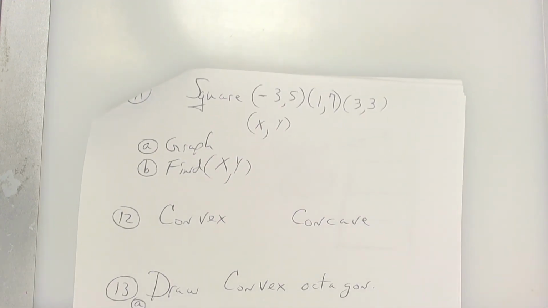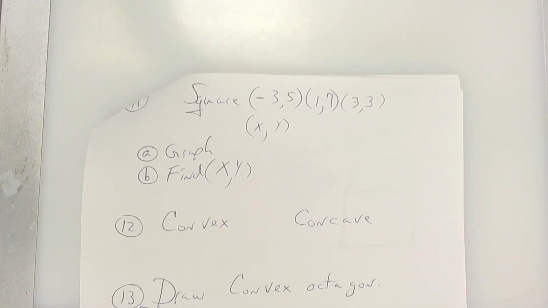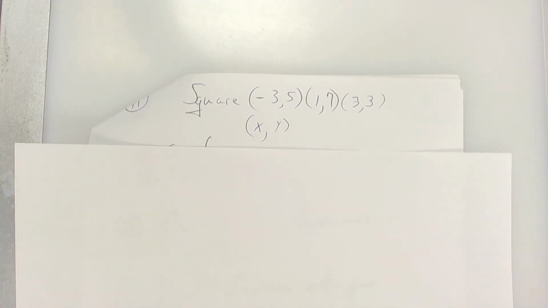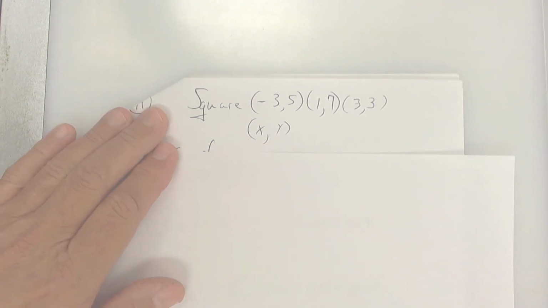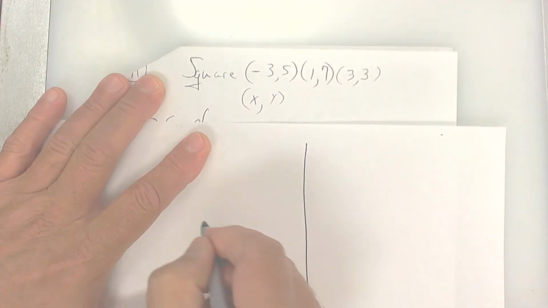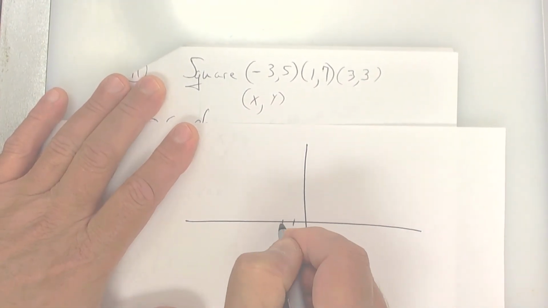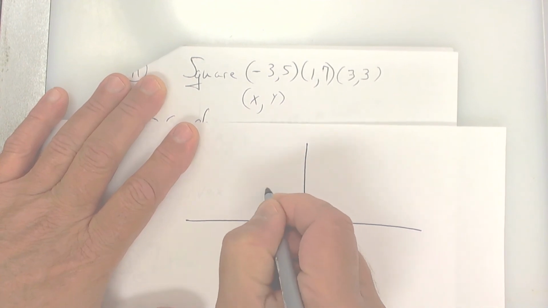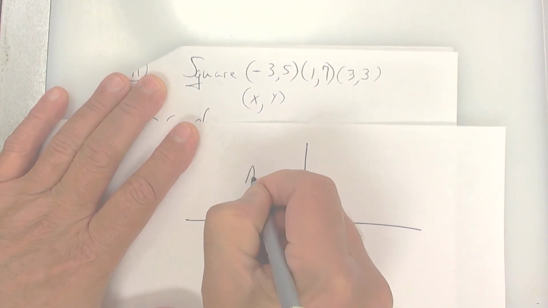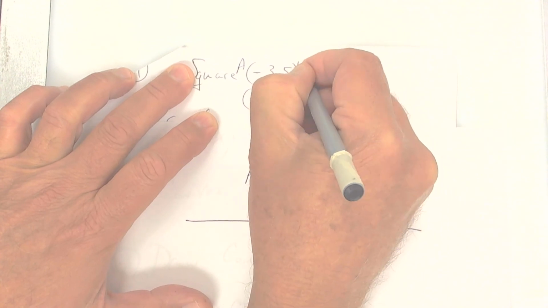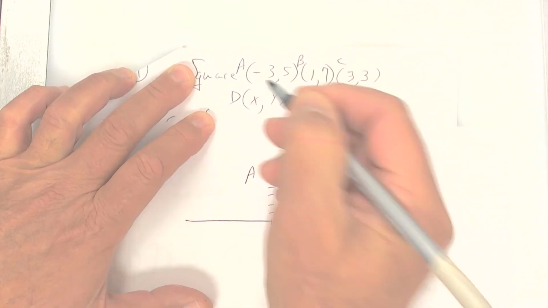All right. I want you to take number 11, and I want you to copy it down first, and then I want you to graph it and see if you can figure out where X and Y is. Okay? So I'm going to try this one. I'm going to go -3, 1, 2, 3, up, 1, 2, 3, 4, 5. Put an A. We can go ahead and label it.